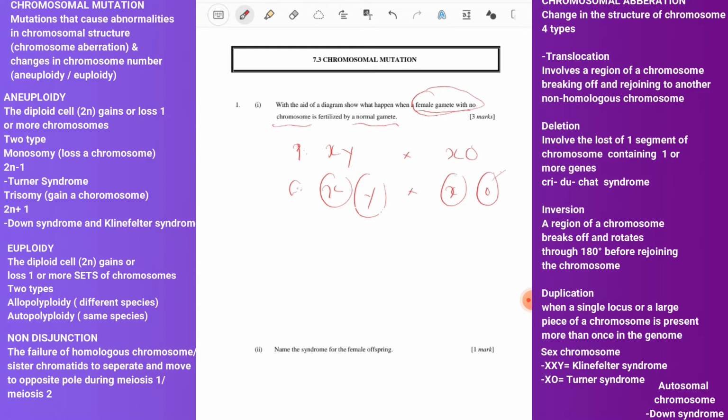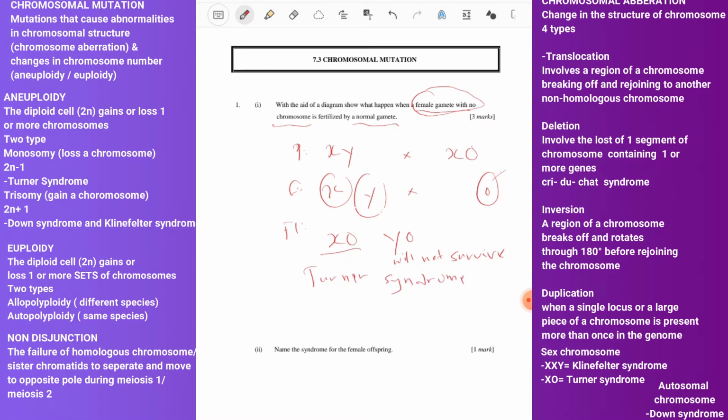So what will happen? In F1, you will get XO and YO. YO will not survive. XO, the daughter, will become Turner syndrome.